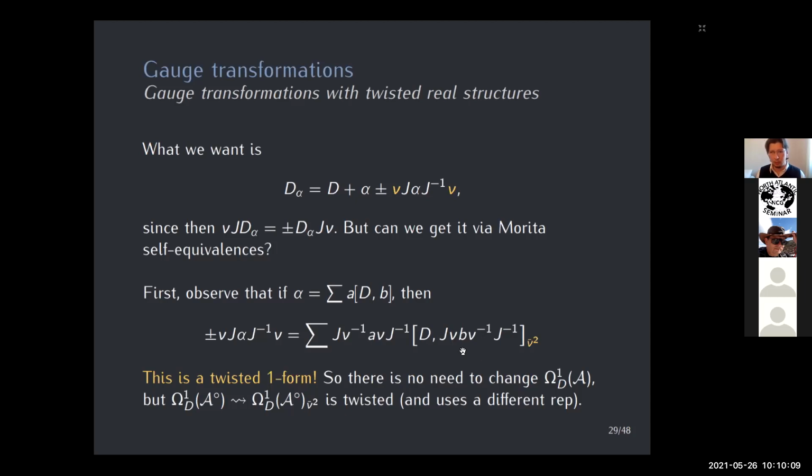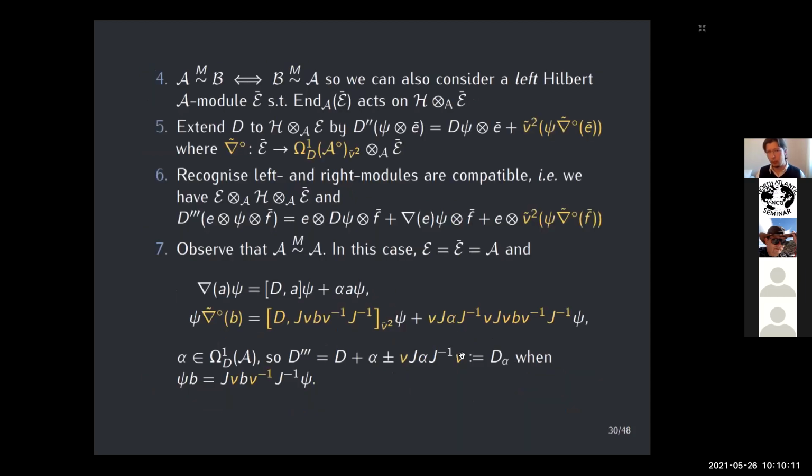So what do? Well, the first slide that we looked at, nothing changes. We're still dealing with spectral triples. But the second slide, where the real structure enters, now we have to start making alterations. The first change we have to make is that our opposite connection is replaced by what I'll call a twisted opposite connection, which is just as before. We replace the space of opposite one forms with twisted opposite one forms.